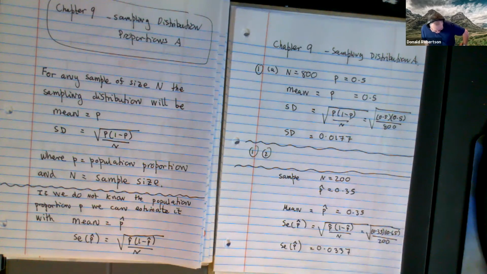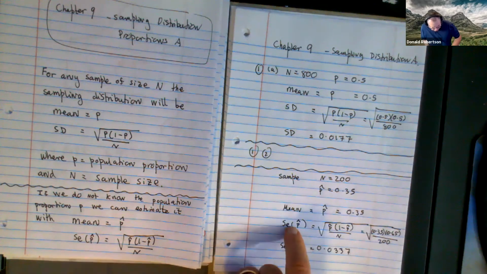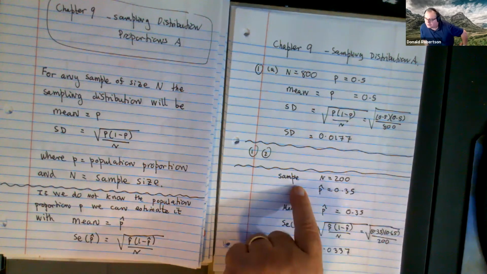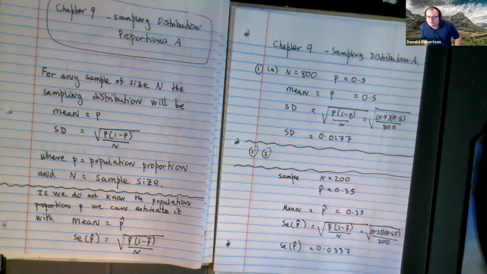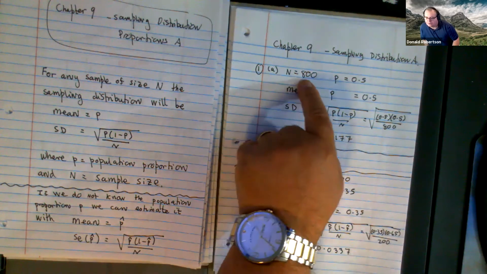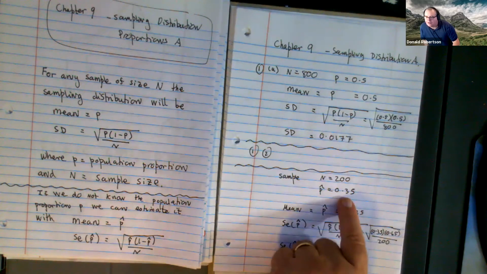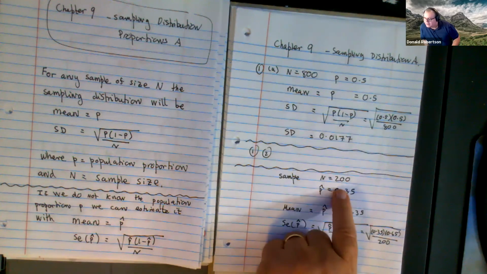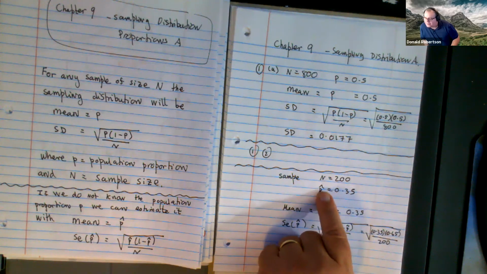Are you okay with calculating the mean and the standard error when it's a sample question? Would you agree it's not that different from calculating the mean and standard deviation when it's a population question? And when you look at them, aren't they almost identical looking? When it's a sample, you call it p hat.